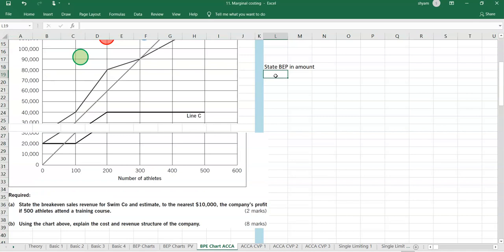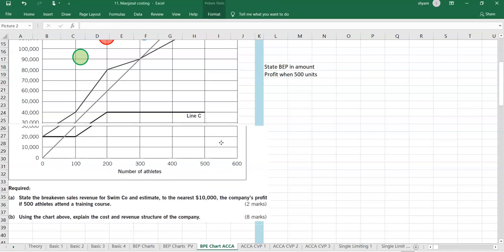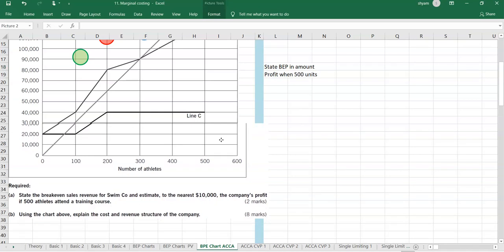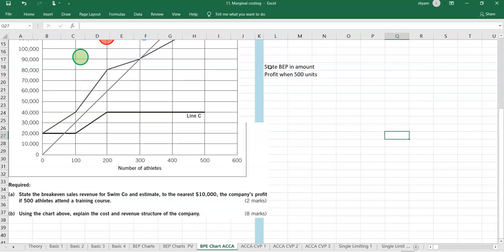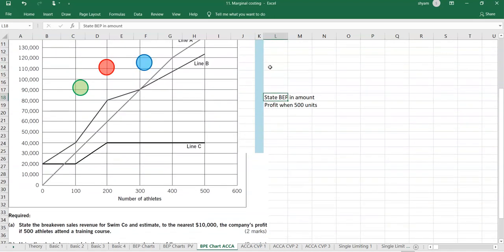The second question is the profit when 500 units. See here the athletes are the units, so we can find it out. So what is the BEP in amount?